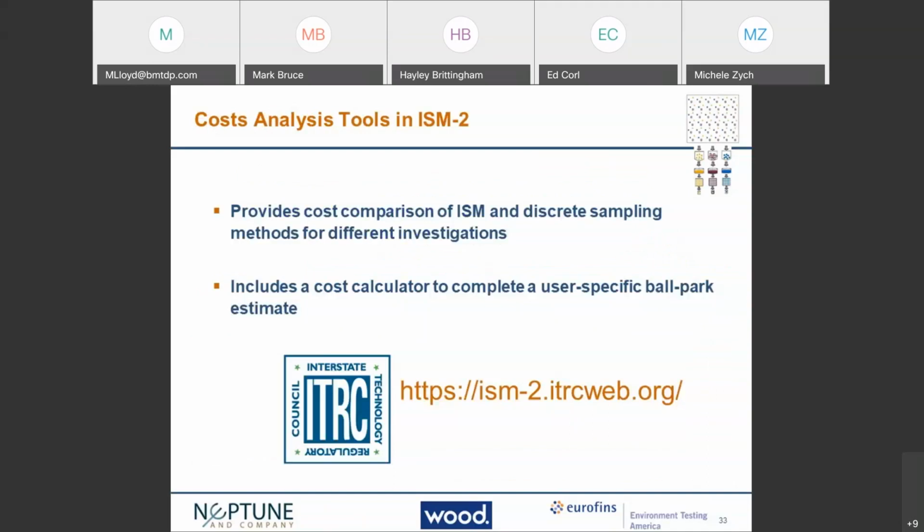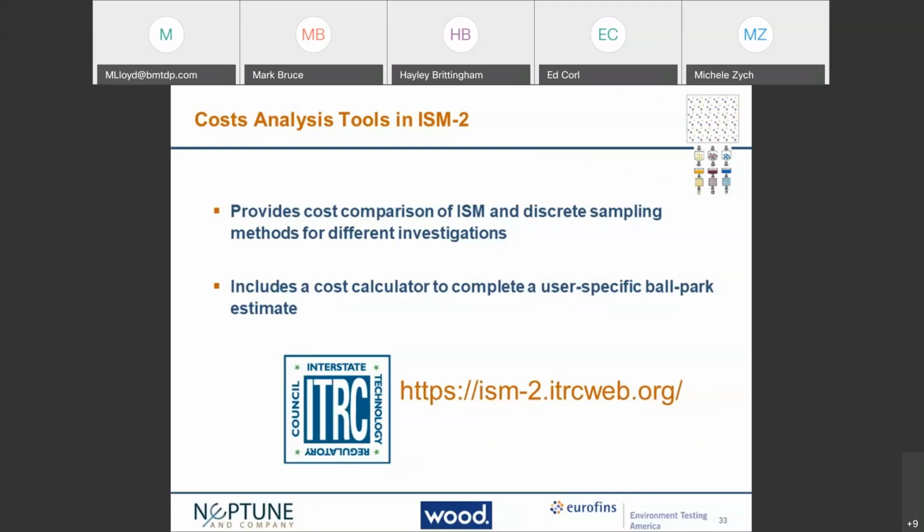But coming back to the financial aspects, what we did here in ISM2 is develop a number of sampling plans using both ISM and discrete sample methods. We wanted to compare a site using both ISM, the same site meeting the same data quality objectives, and what are the costs associated with discrete sampling?